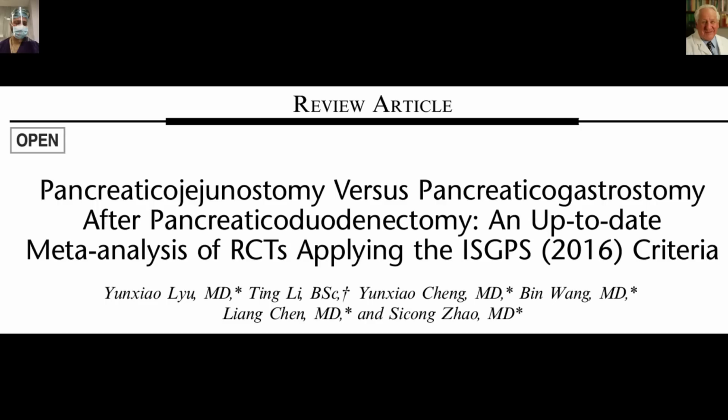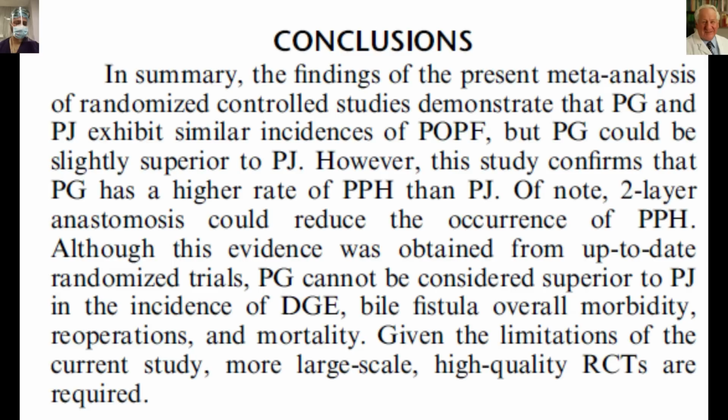The available evidence is that the POPF or complication rate is similar in PG and PJ, but the balance is tilting toward PG, which has a better overall outcome, though it has not reached statistical significance, and the rate of post-pancreatectomy hemorrhage is higher after PG.